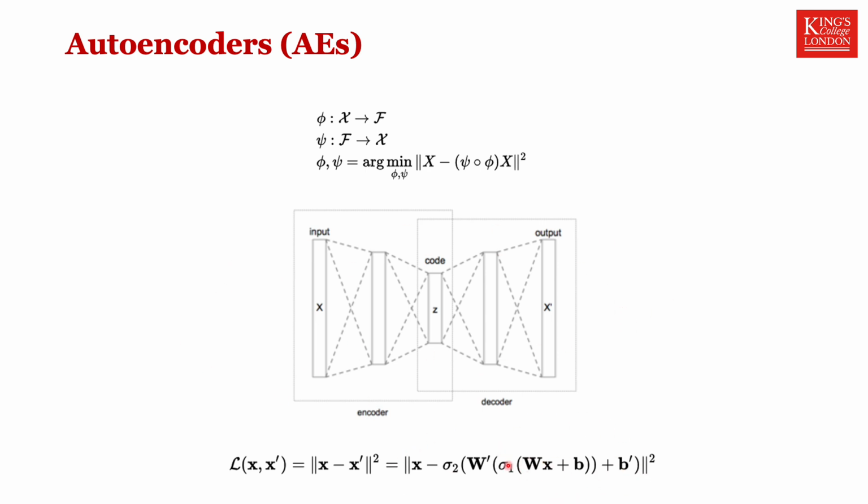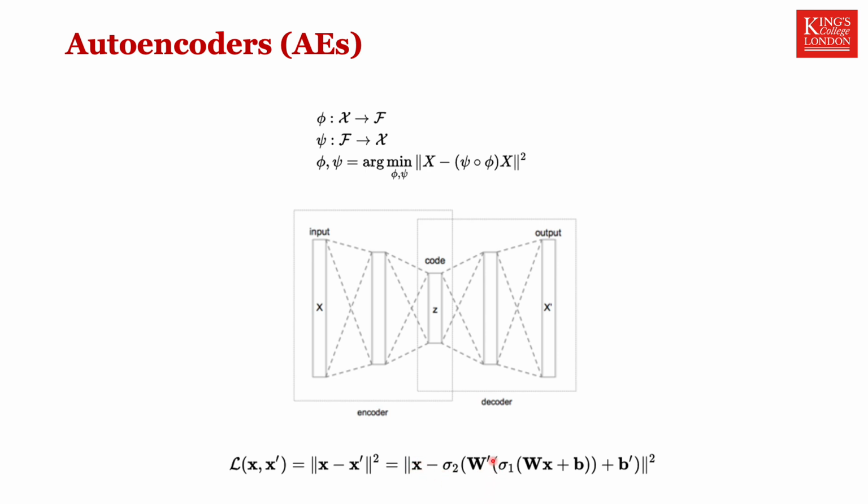You take a specific point, pass it through Wx plus b, then through a nonlinear activation function, then apply W prime and another nonlinear activation function, and this transformed version of the input is minimized against X. So you want the transformed version of the input X to be as similar as possible to X itself.